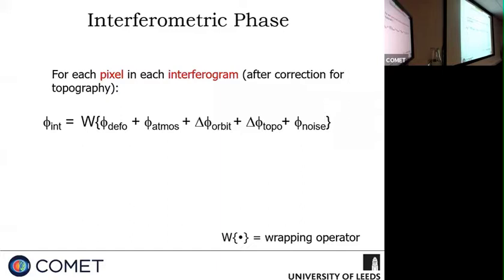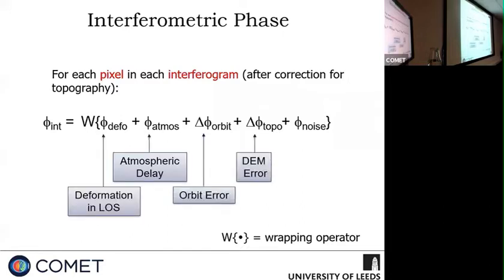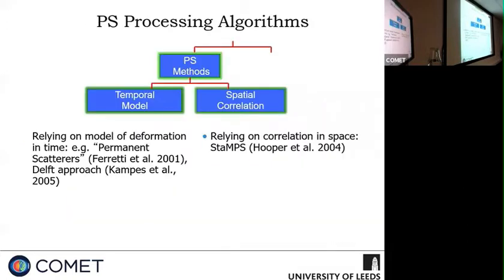So we can either try to estimate the noise directly, which is going to be very hard, or we can try to remove all of the other contributions. And in fact, that's what we're going to try to do. So within the PS methods, there is again a slight subdivision.